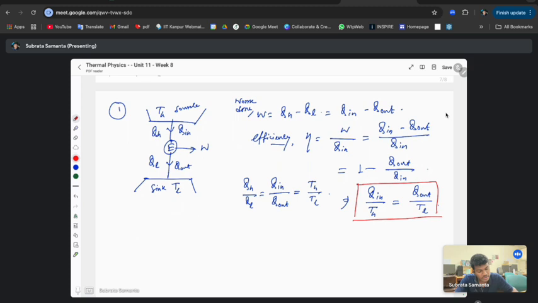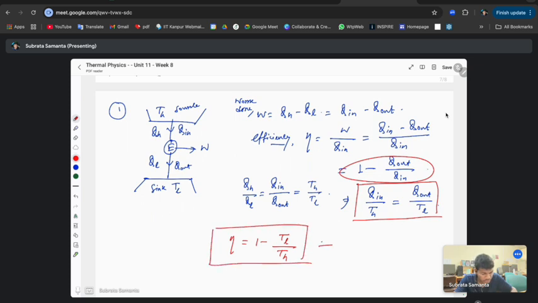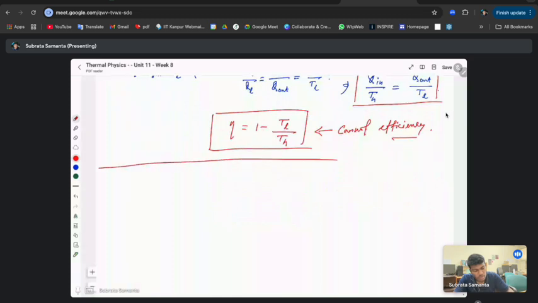Now we plug this into the equation of eta. So eta is 1 minus TL over TH. This is the Carnot efficiency.